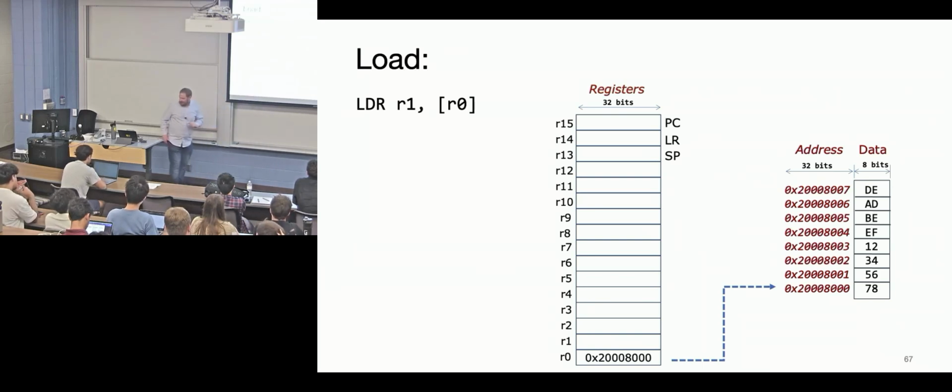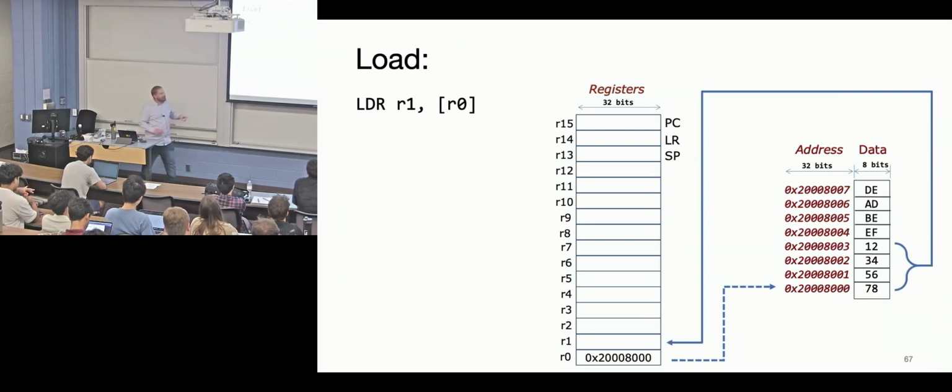Remember, in this example memory is increasing upwards, and we're incrementing by 1. So we take 32 bits and put it in register R1. Okay? Questions so far? Great.